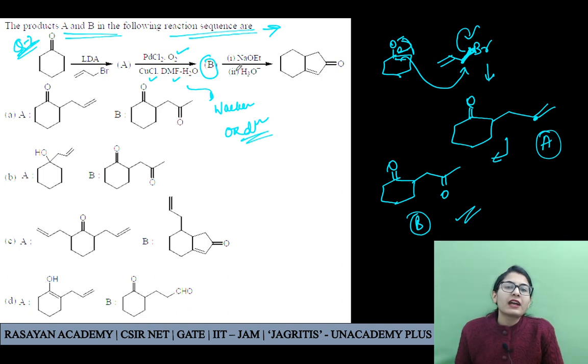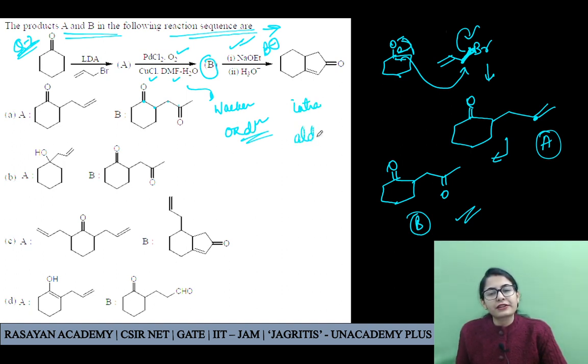Right, this is B. Now guys, in the final step, there is a base and there is a diketone. 1, 2, 3, 4, a 1,4-diketone and a base. It is going to give you an intramolecular aldol reaction.